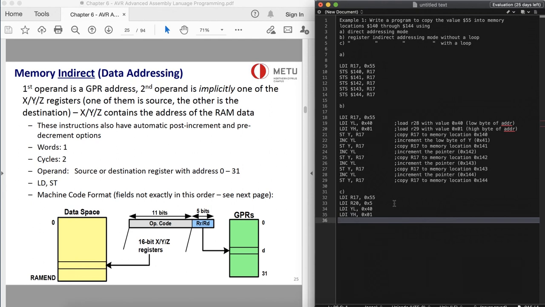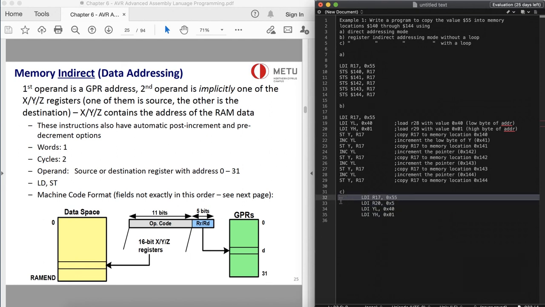Then what we do, let's actually tab this first because we need some indentation over there. L1, it's going to be store Y, R17, which is the same thing that we have done over here.